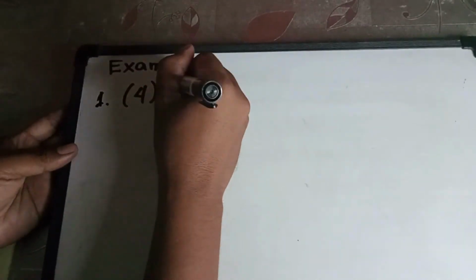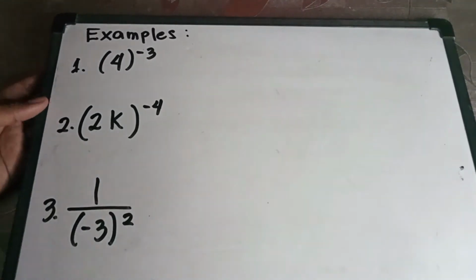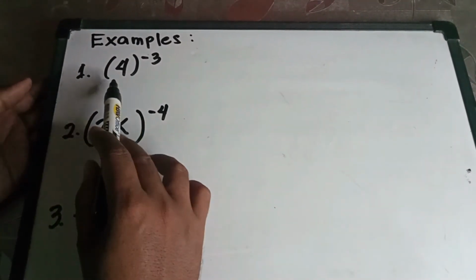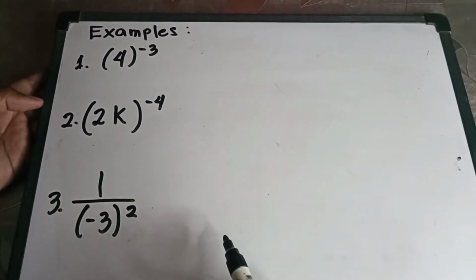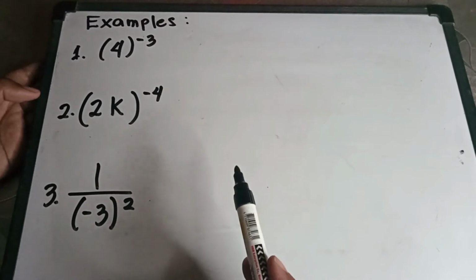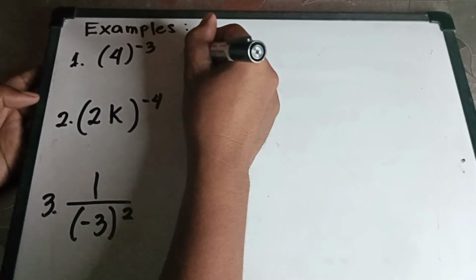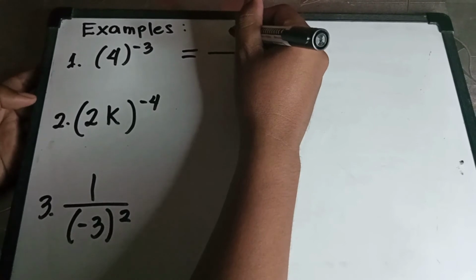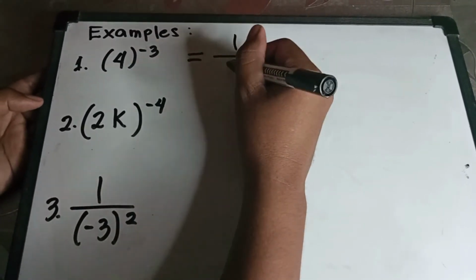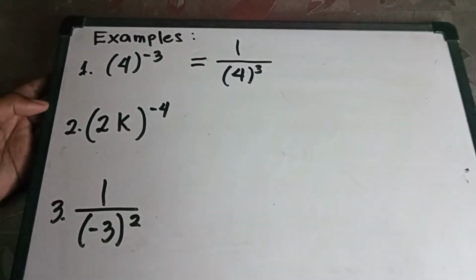Okay, another example. So, example number 1, so we have 4 raised to negative 3. Kung i-write natin yan without negative exponent, tandaan nyo lagi na kapag negative ito at whole number yan, ibig sabihin nandun siya sa part ng denominator. So, that is equal to 1 over 4 raised to 3.